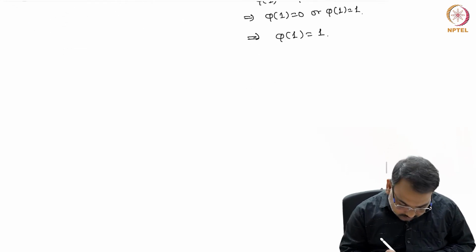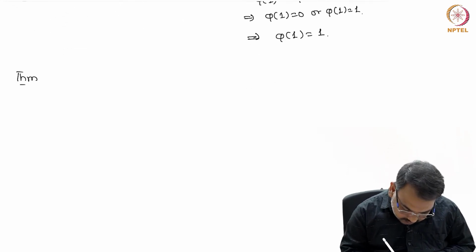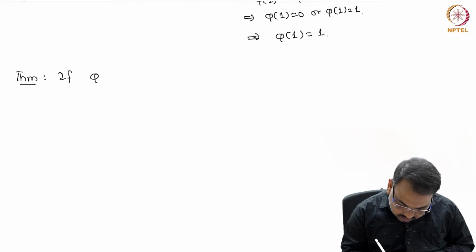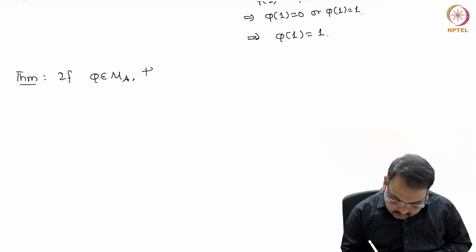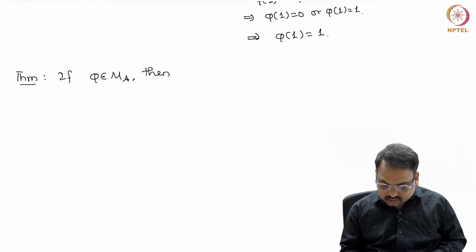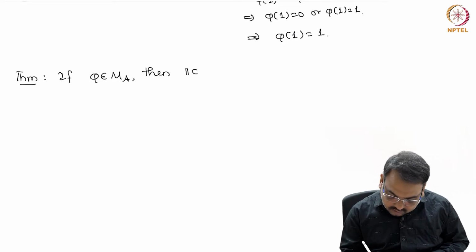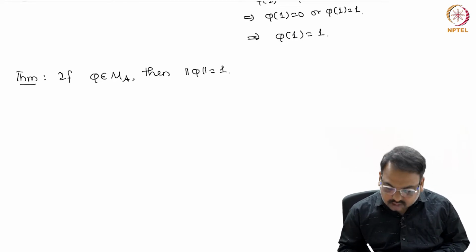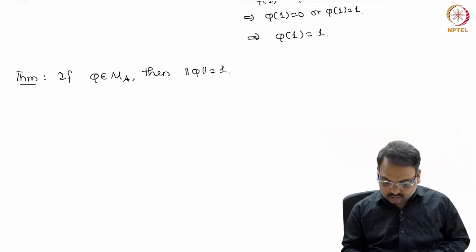So let us look at the following result. We can say that if phi is in MA, then norm of phi is 1.